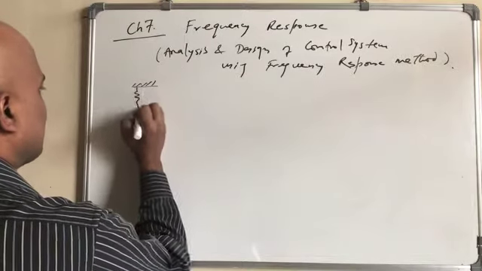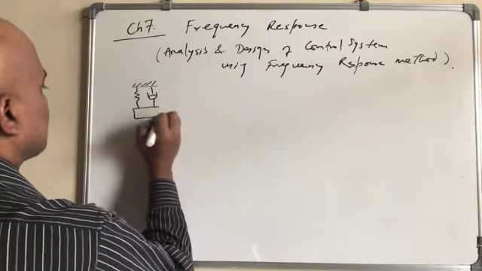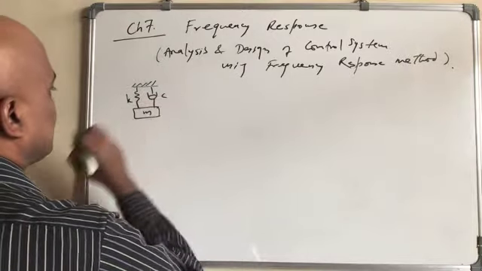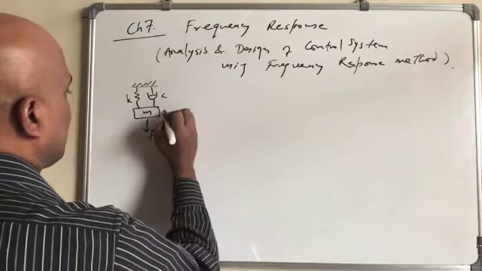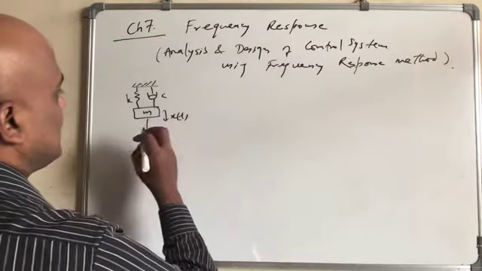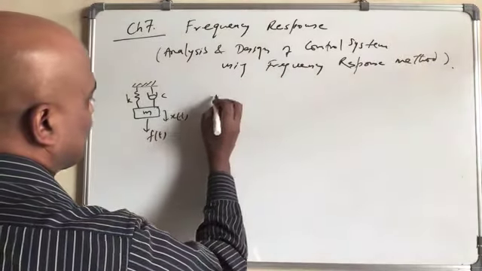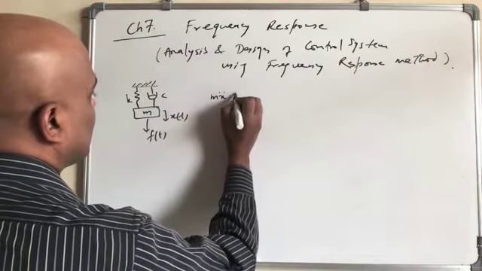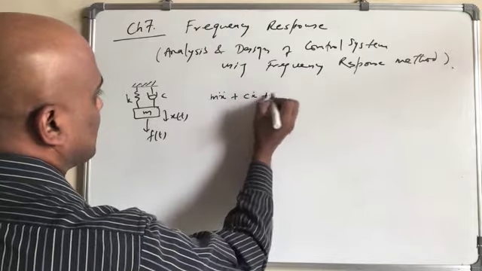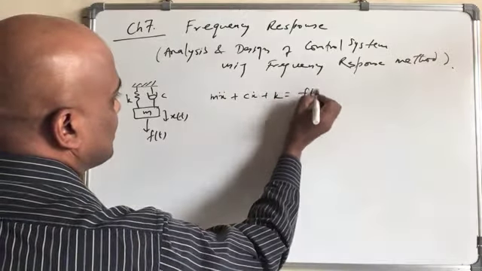So let us say you have a spring mass damper system, and you apply a force F(t), and you have a displacement x(t), and you found out that the equation will be m x double dot plus c x dot plus k x equal to F(t).